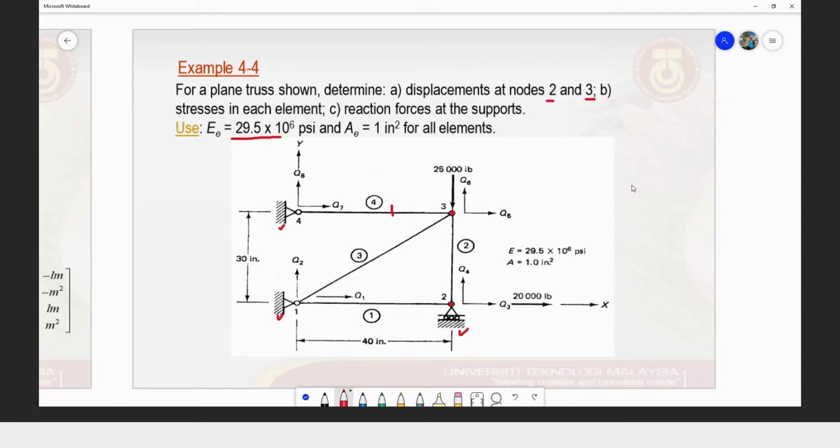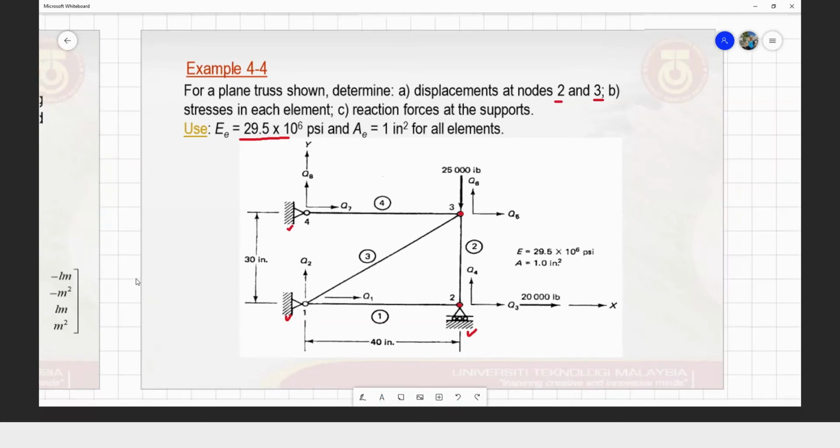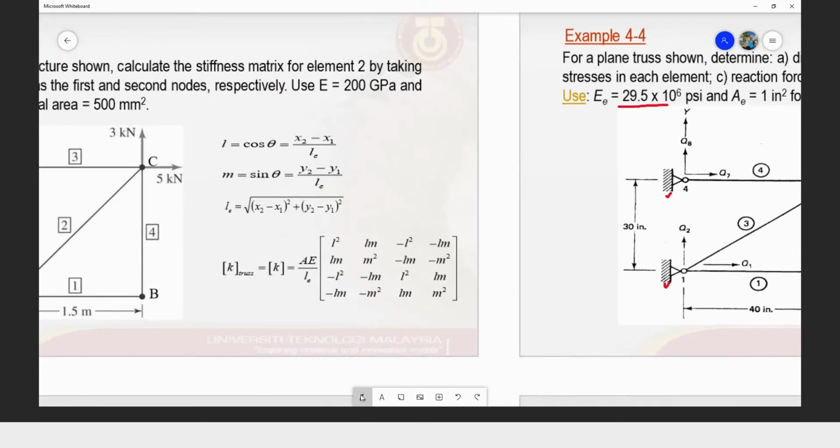Now the first step: we know that for every element, we have to come up with the element stiffness matrix. Our K matrix has a 4 by 4 size.